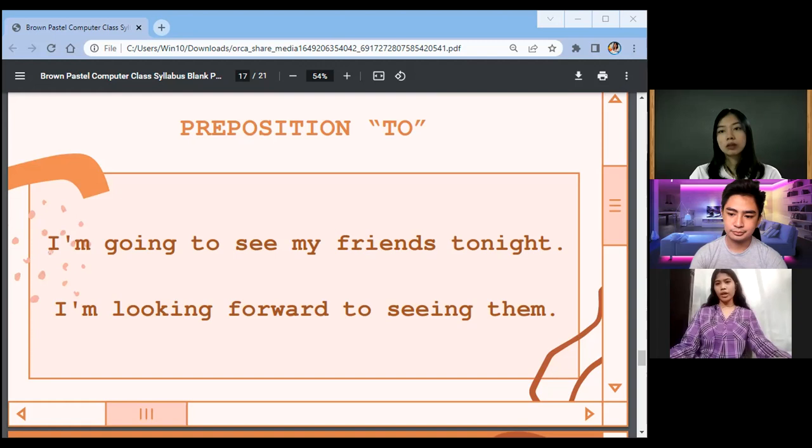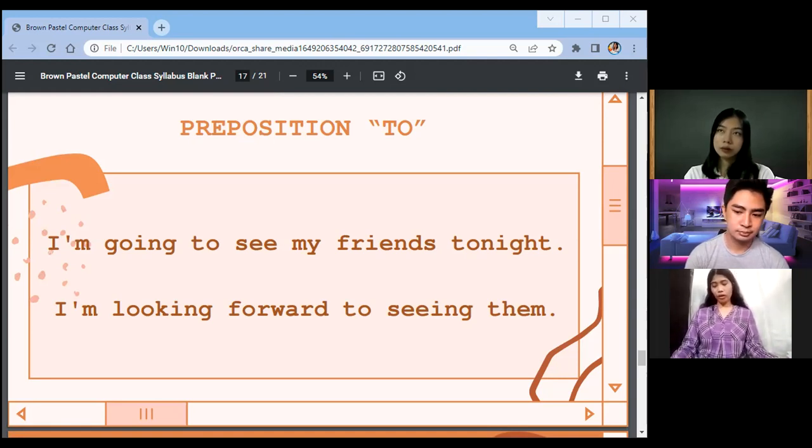The infinitive verb here is "to see." Meanwhile, in the second sentence, we use the preposition "to" as a part of the phrasal verb, which is "to look forward to," and thus making it a preposition.